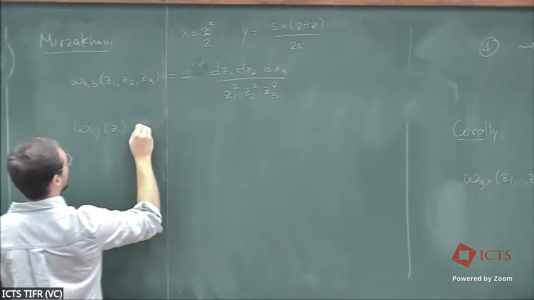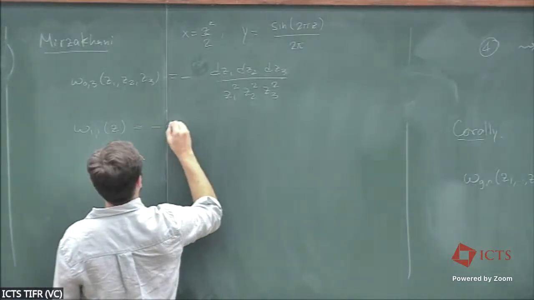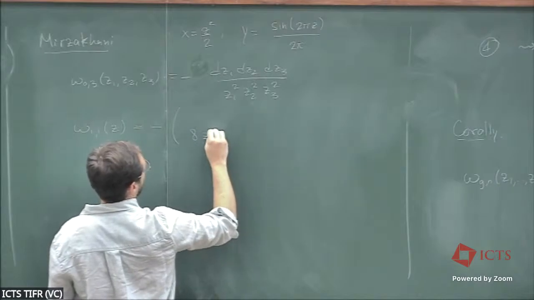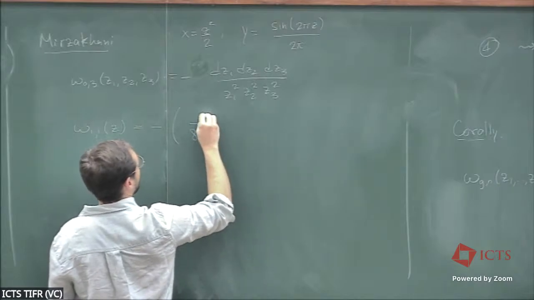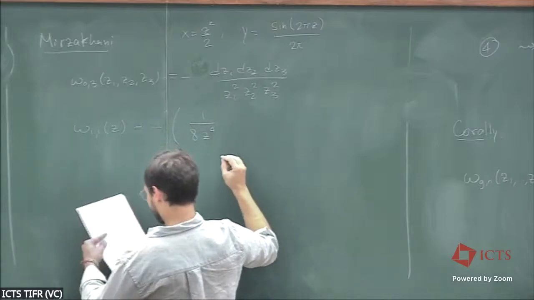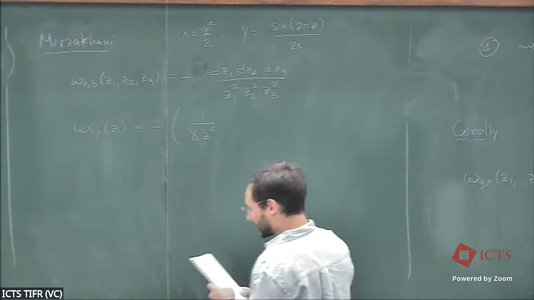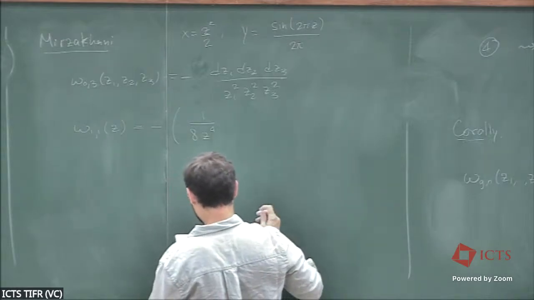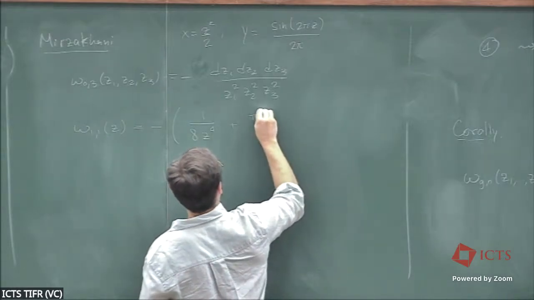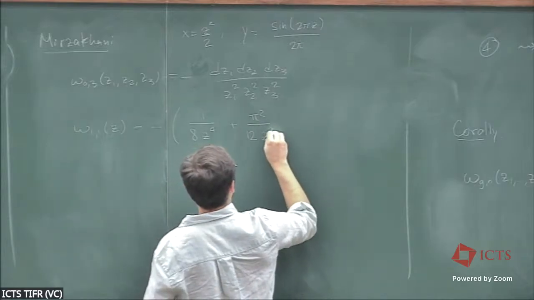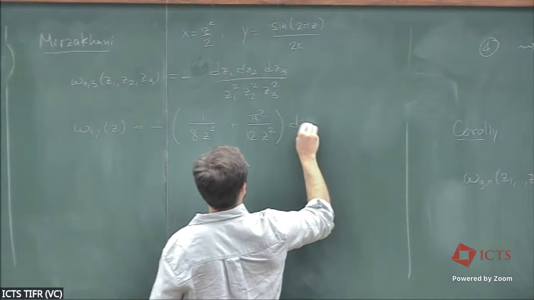So this is going to be equal to minus 1 over 8z to the 4. And here, I remember, like pi squared and something, plus pi squared over 12 z squared, easy.